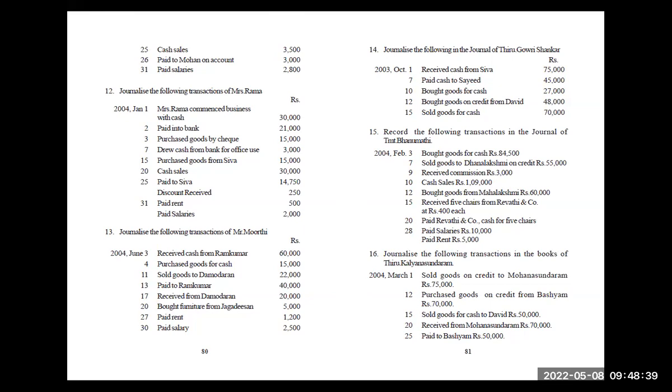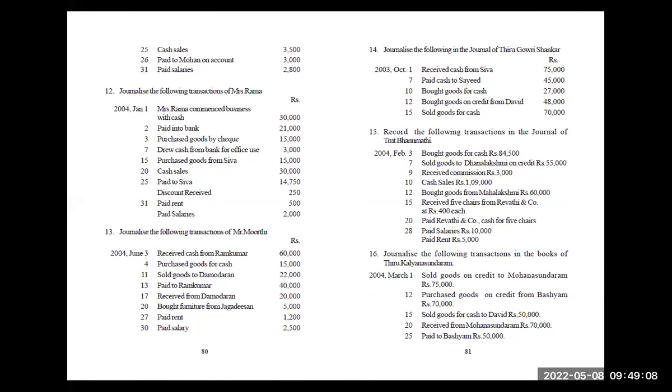Were you there in the previous classes, the general entry classes? The last two classes, okay, but this was long back. The first and second class. Okay. Next one, 31st, paid rent 500 and salary 2000.